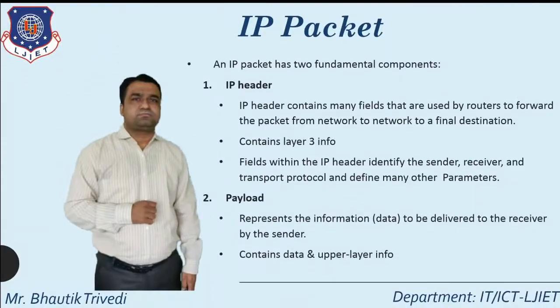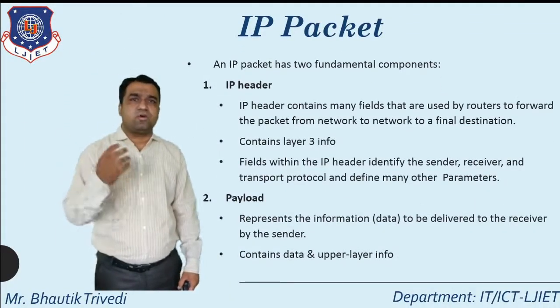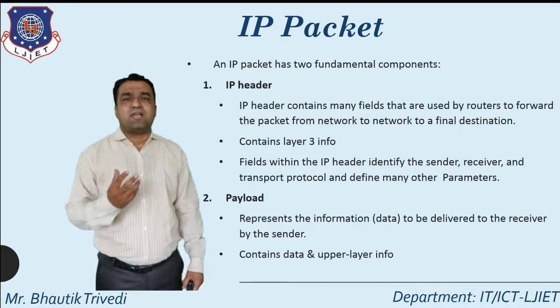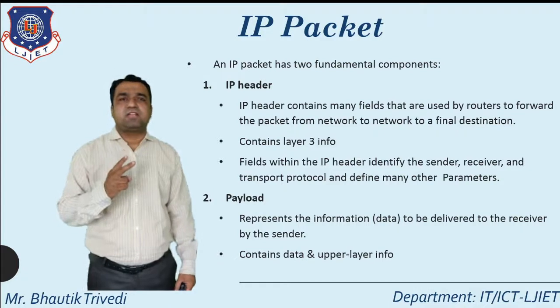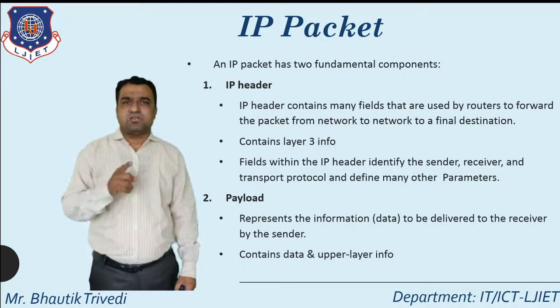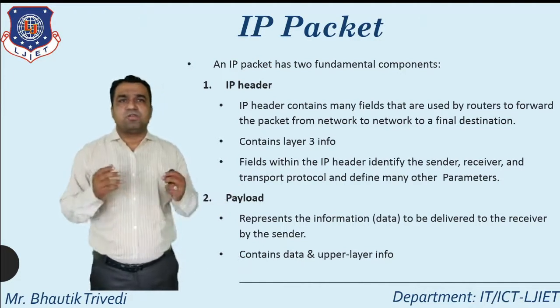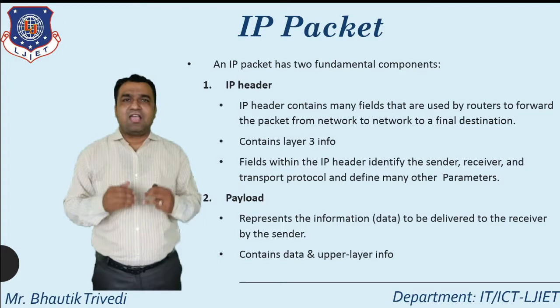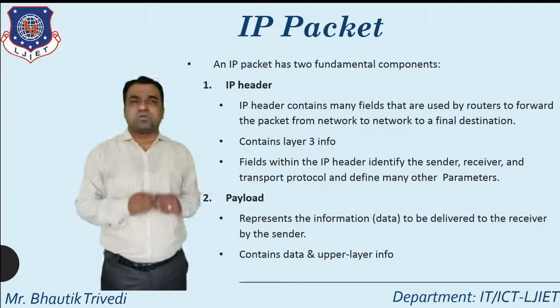After that, whatever discussion is going on is totally related to the IP packet. So the IP packet generally supports how many types of component? It supports 2 types of component: one is known as the header and the second is known as the payload. What is the meaning of header, and why do we use the header in the network layer or Internet Protocol?